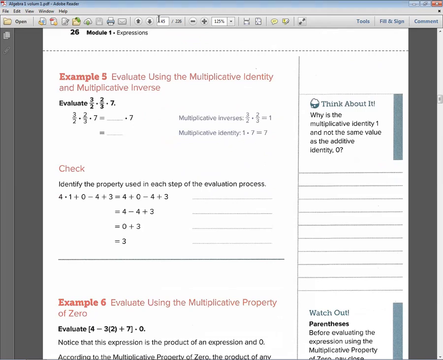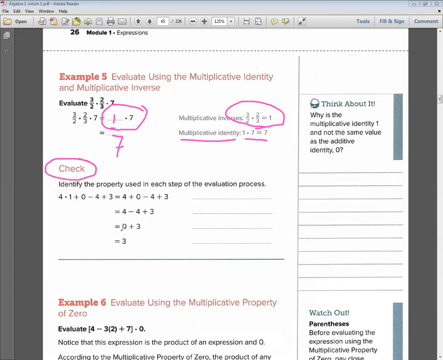I know the product must be 1, because they are multiplicative inverses. Second step, now I have here just 1 multiply 7. I know 1 is the multiplicative identity. So multiplying any number by the multiplicative identity, I'll get the same number, 7. Multiplicative identity, 1 multiply 7 is 7.